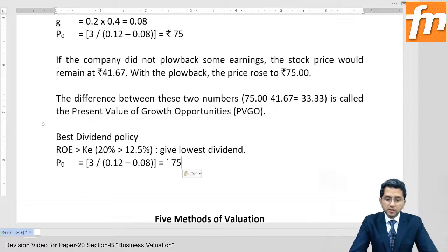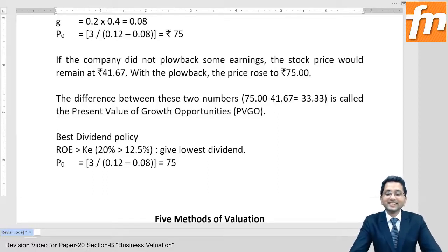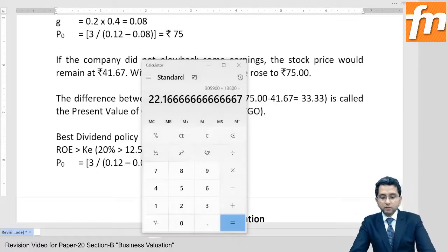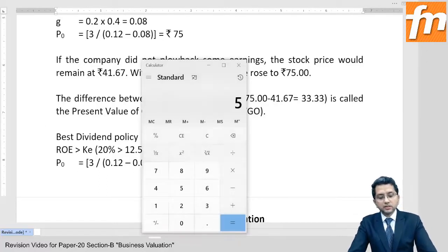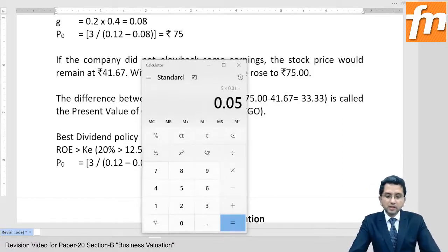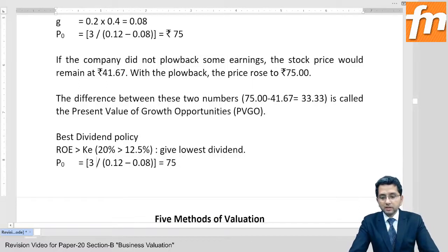If I give zero dividend, what happens? Or not, let's not make it zero, let's make it very minimum, because if I make it zero, calculation won't be feasible. Give lowest dividend. So let's say dividend is just 1% of your income. 5 rupees into 1%, that is 5 paisa. Okay, I'll give dividend of 5 paisa.